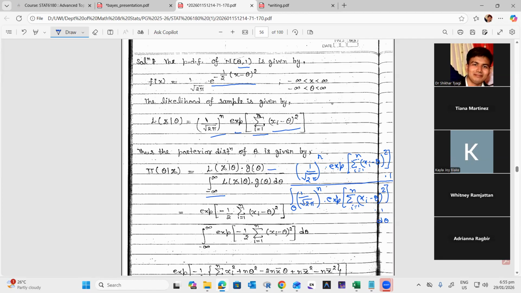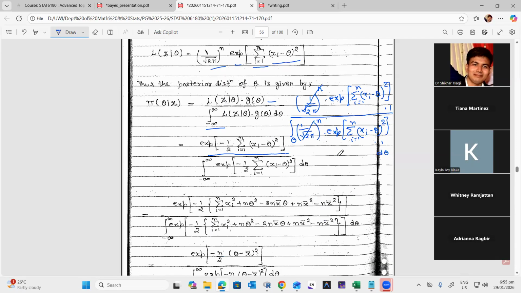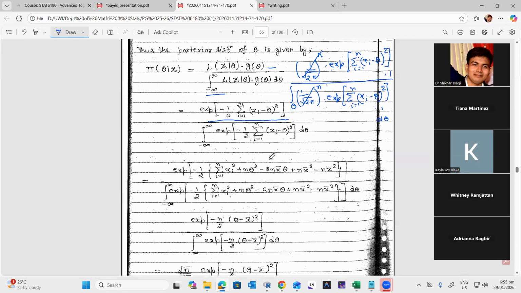So 1 upon root 2 pi raised to the power n is a constant value, so it will cancel out. After that we will have only e raised to the power minus 1 by 2 summation i goes from 1 to n (xi minus theta) whole square, the same expression in the denominator, integrated over the range of minus infinity to infinity.